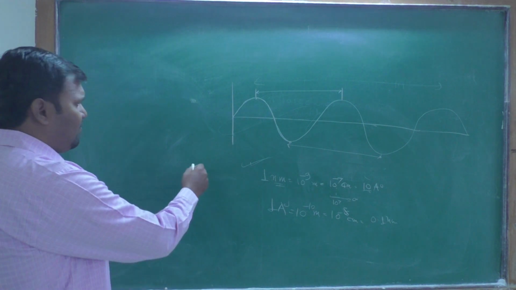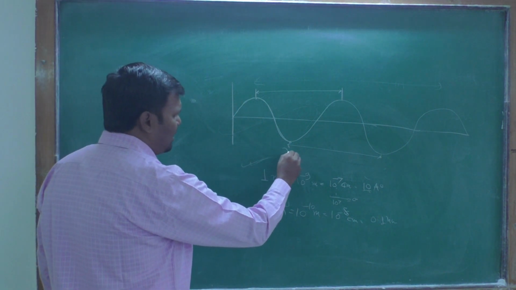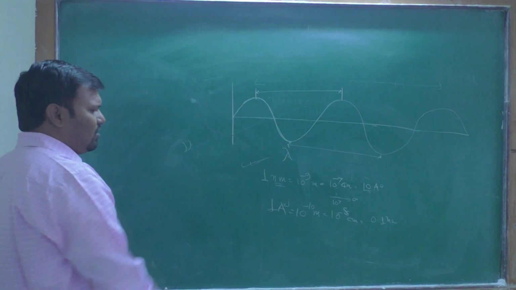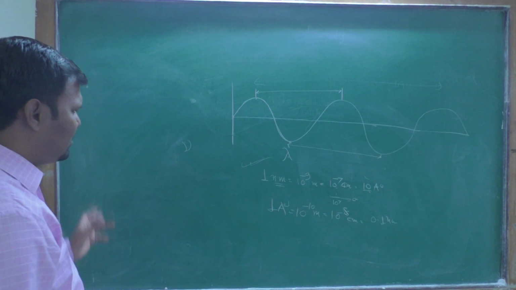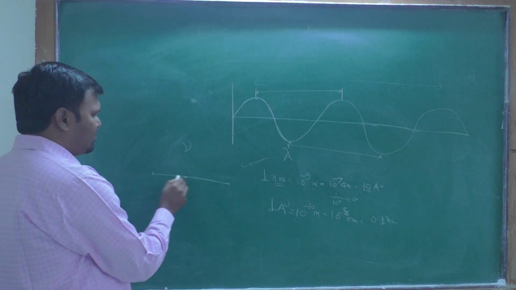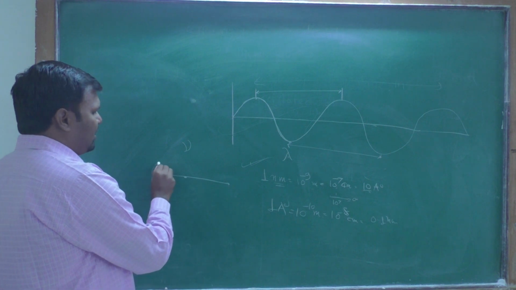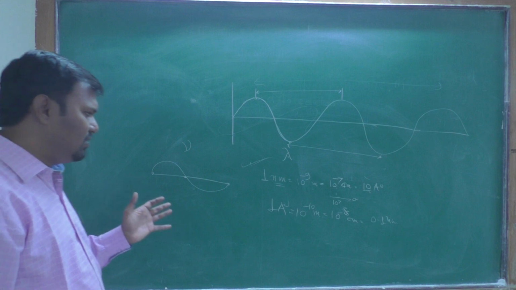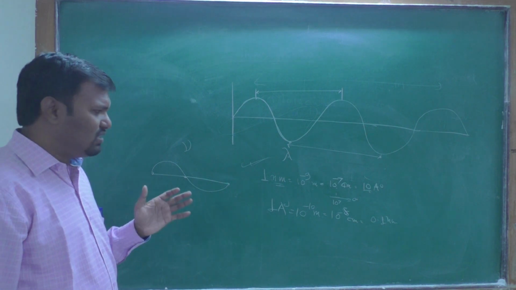Wavelength is denoted by lambda, and second is the frequency, denoted by mu. A very important thing: frequency is defined at a particular point, as how many wavelengths pass in unit time. Unit time is normally 1 second.